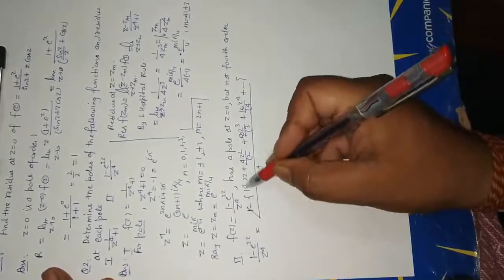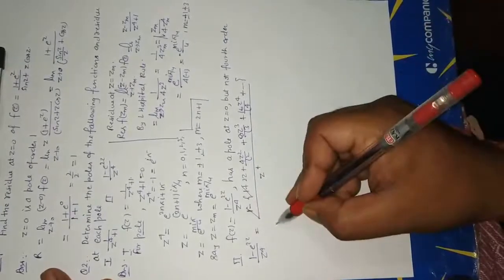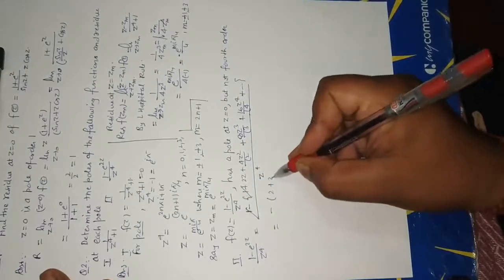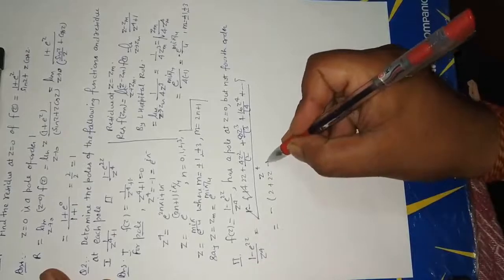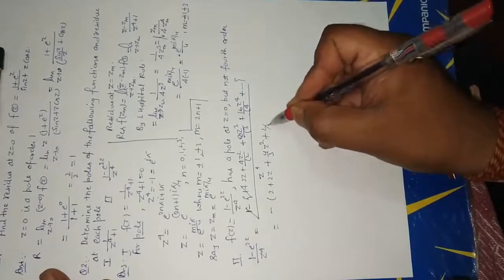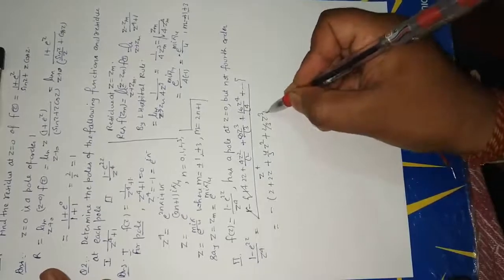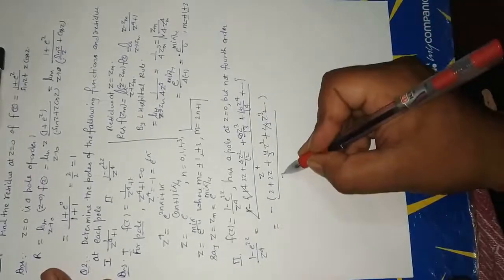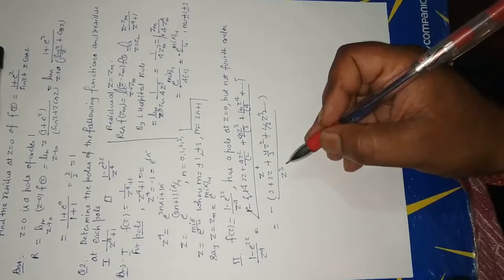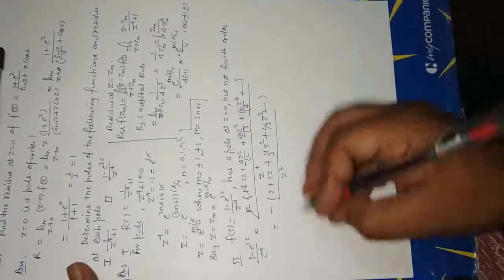1 cancel by this. Now we get minus, 2 plus 2z plus 4 upon 3 z square plus 2 upon 3 z cube plus dot dot upon z to the power 3. That is, z is equal to 0 is a pole of order 3.